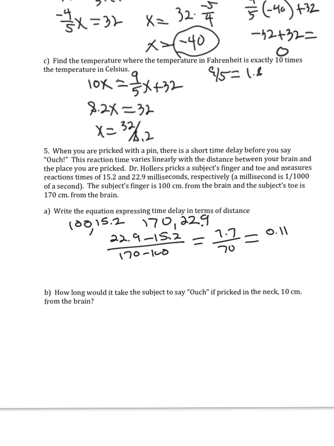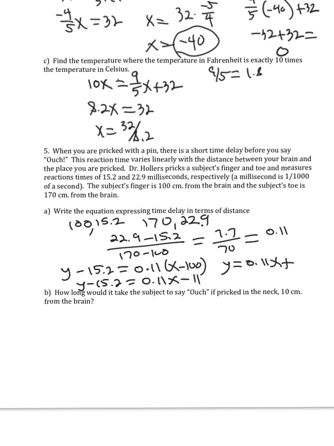Now we can plug into the point slope form to get y minus 15.2 is equal to 0.11 times x minus 100. That gives us y minus 15.2 is equal to 0.11x minus 11. And we add 15.2 to both sides to get y is equal to 0.11x plus 4.2.